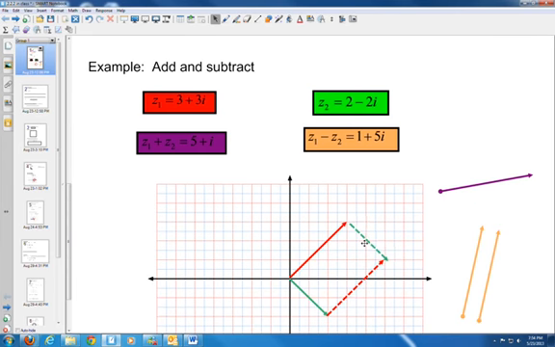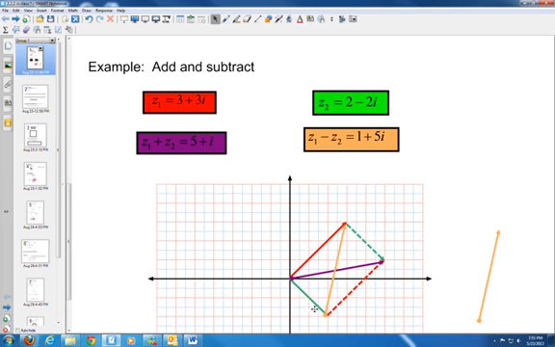And what I'm going to do is create this parallelogram here. Now, what you'll see is that z1 plus z2 ends up being the diagonal of the parallelogram created by the two vectors z1 and z2. And the subtraction, z1 minus z2, simply ends up being the other diagonal.